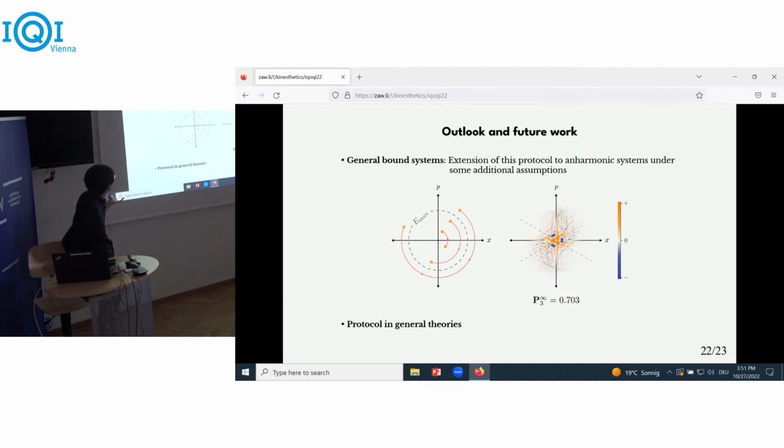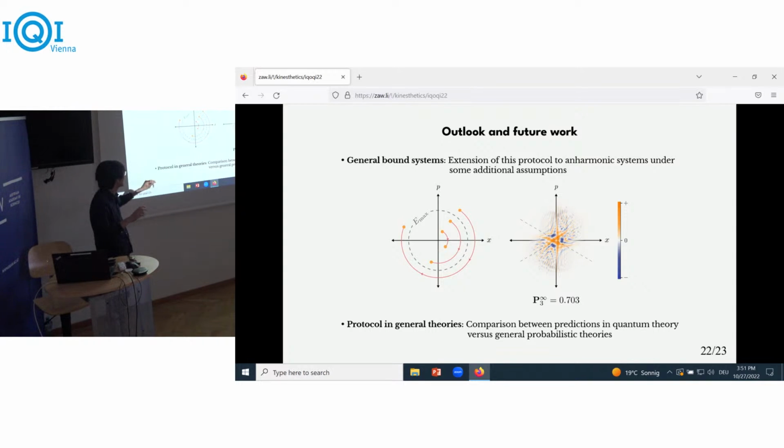But why I'm actually here in Vienna is to learn a bit from Miriam, to look at some more general theories. We want to compare the predictions in quantum theory versus what some GPTs predict. And it's a pity that, what's his name, Lorenzo, who was here last week, gave a talk about his epi-restricted models.